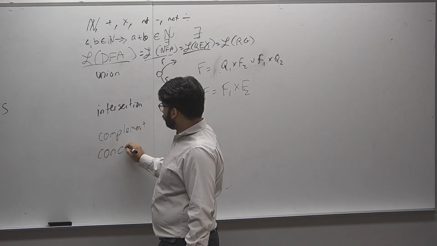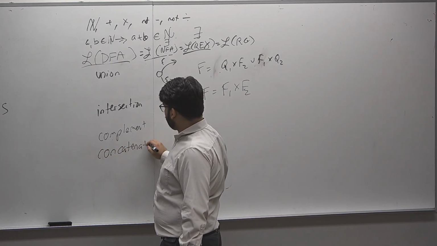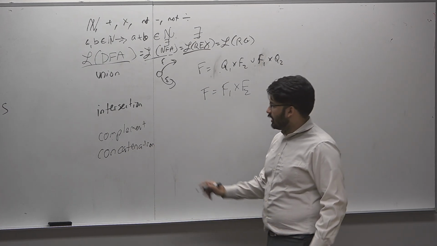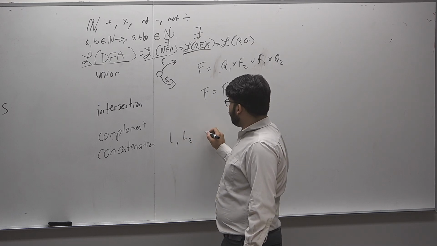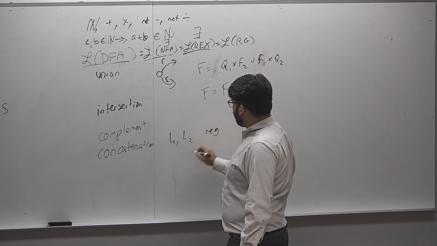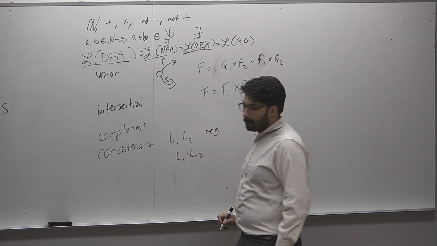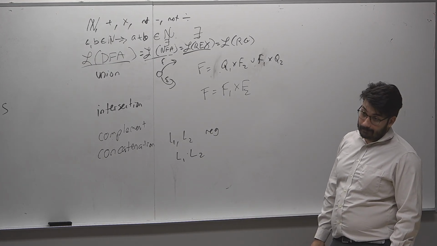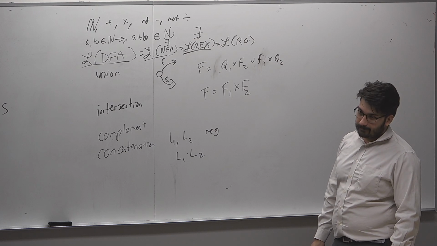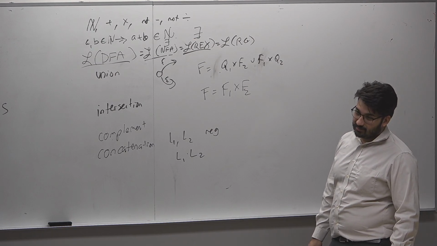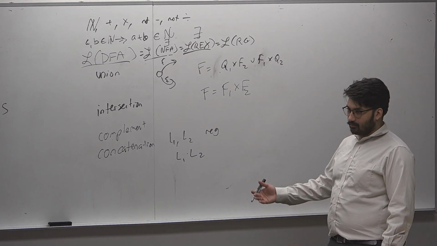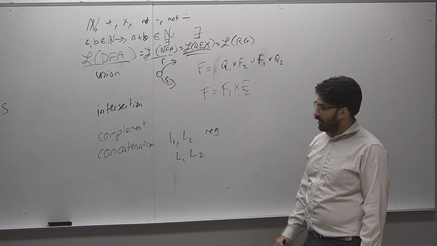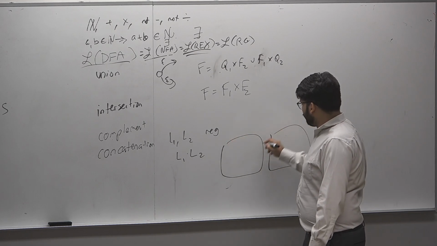Concatenation. Why are the regular languages closed under concatenation? Which is that if L1, L2 are regular, then so is L1 concatenated with L2. Yes? Because they're just side by side. We did it when we proved the regular expressions closed under concatenation. We took the NFAs, right?